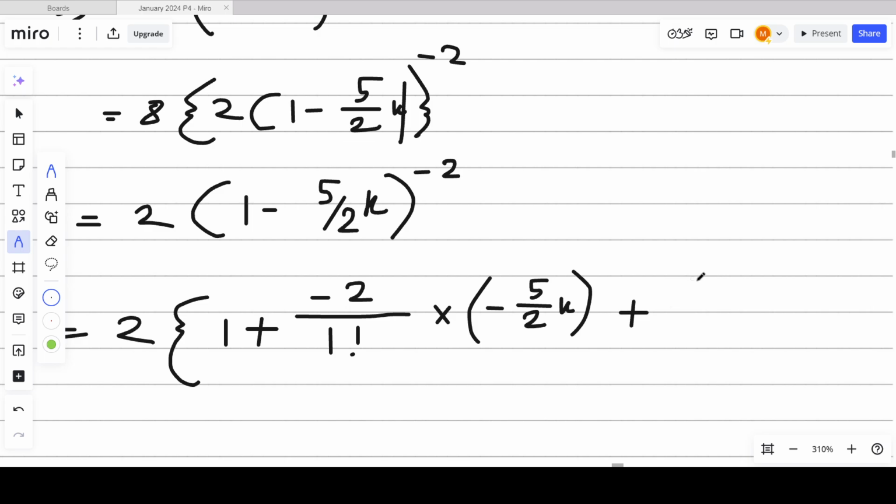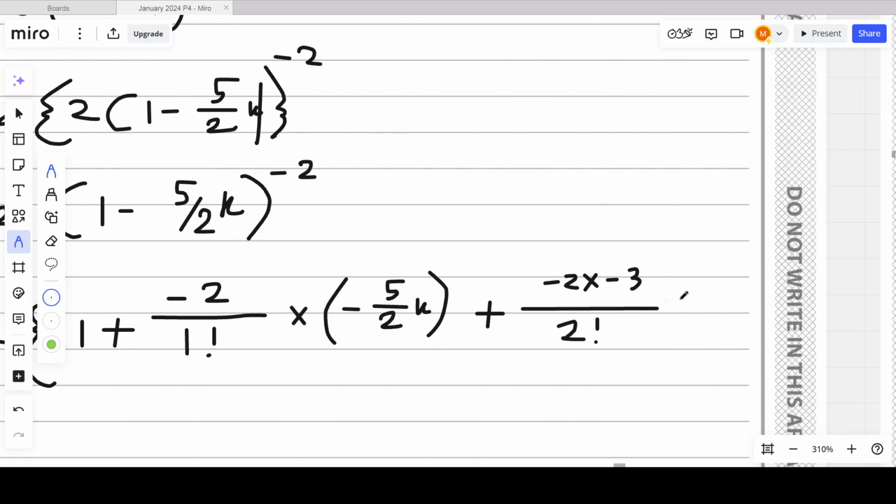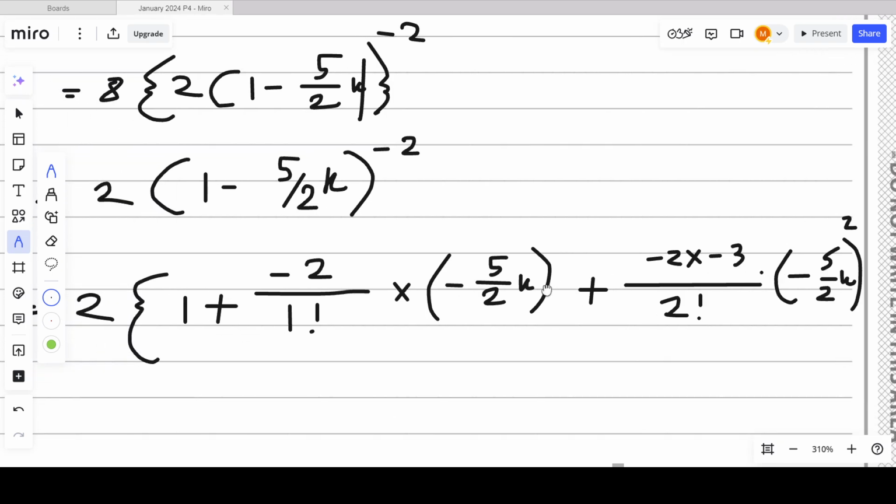Next, plus the third term: -2 times -3. We got 2 factors at the numerator, so on the denominator it would be 2 factorial, then times (-5 over 2 x) whole squared. Fine, we got the third term.